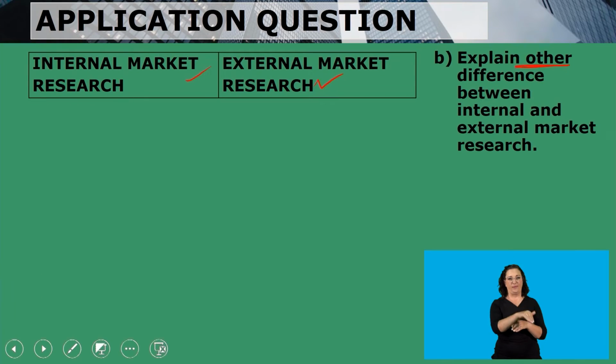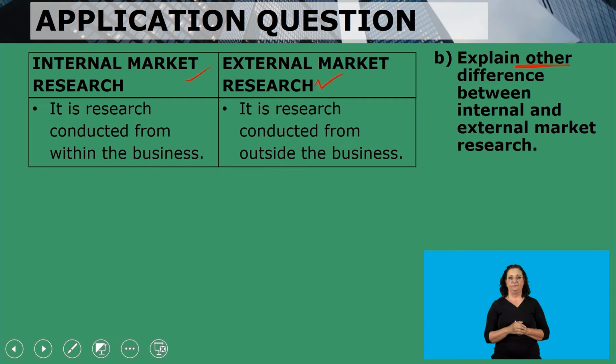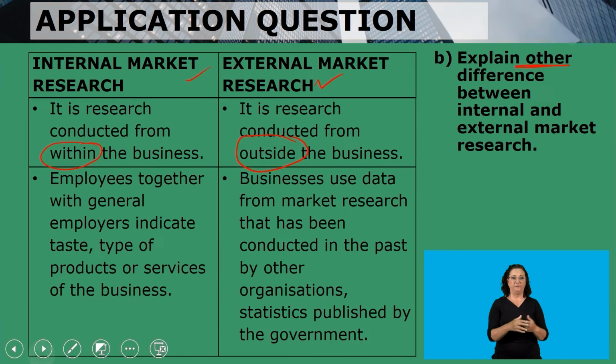Right, the second question says, explain other differences between internal and external. When they say other, it means you will not be talking about the ones that we had in the previous question. So what is the difference between the 2? It is a research that is conducted from within the business, whereas with external, it is conducted from outside the business.